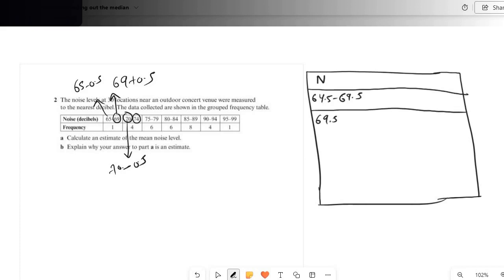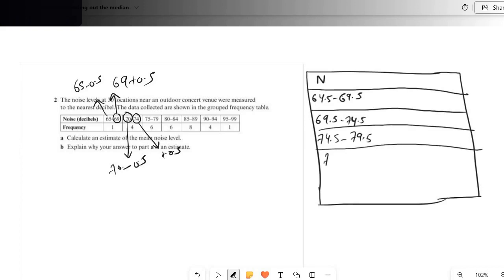Similarly, 74 will be added with 0.5, which will give us 74.5. So it will be something like this. Then we have 74.5 to 79.5, applying the same correcting formula.